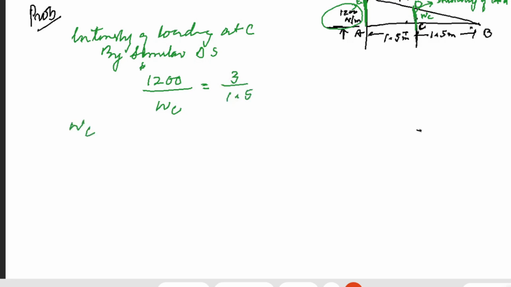So your WC will be equal to 1200 multiplied by 0.5, by 3. Calculating it, it will be 600 Newton per meter. Sahil, is it clear how it came out to be 600 Newton per meter at point C?